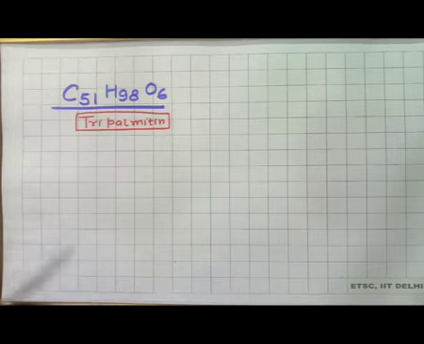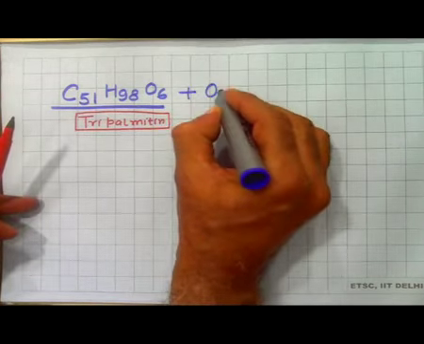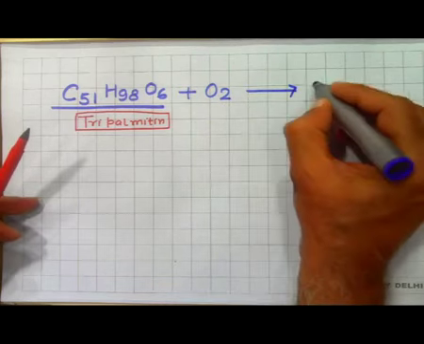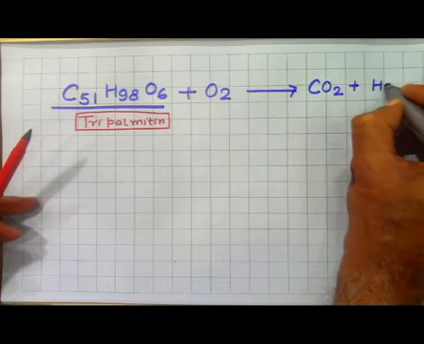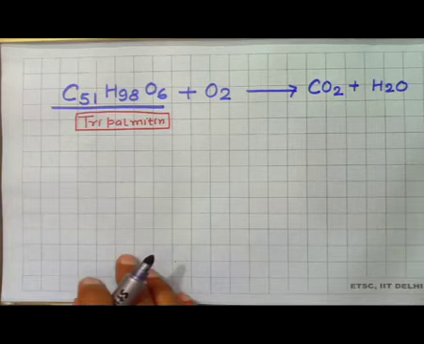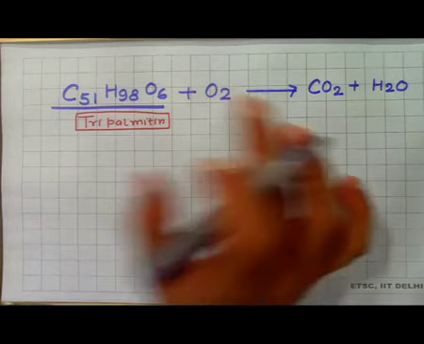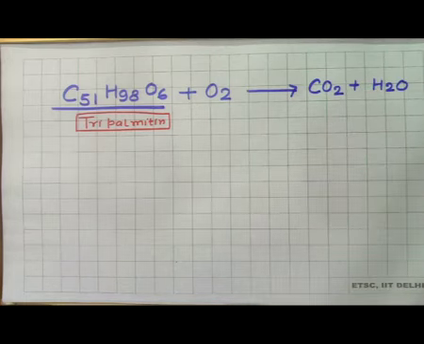It is a type of fat. When it combines with oxygen, it gives carbon dioxide and water, no doubt. As we have discussed, any organic compound like carbohydrate, protein and fat, when combined with oxygen, releases carbon dioxide and water. Now, balance this reaction.